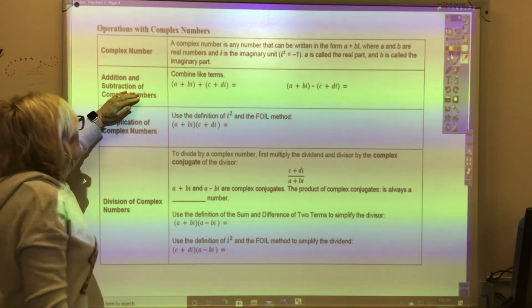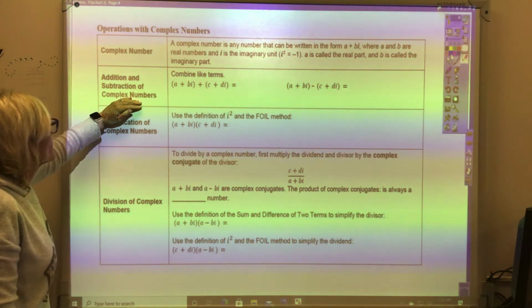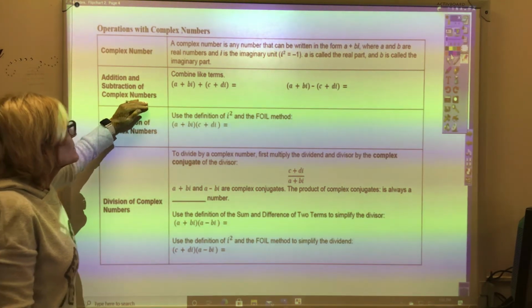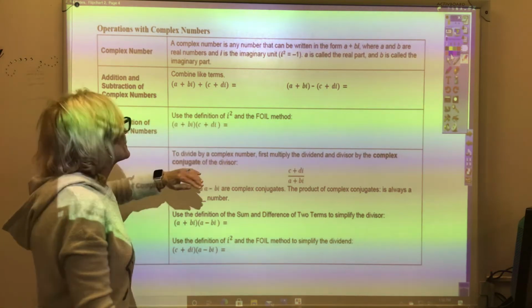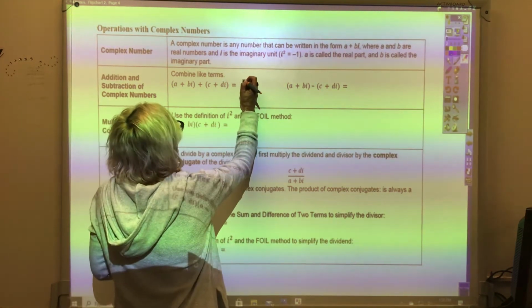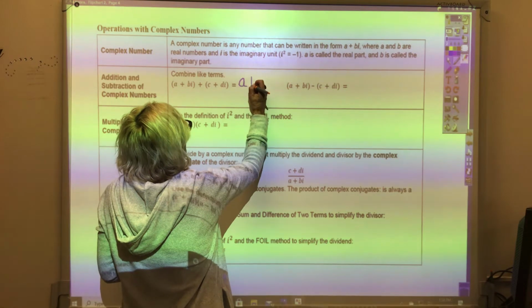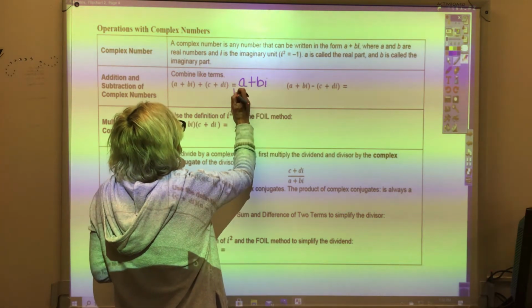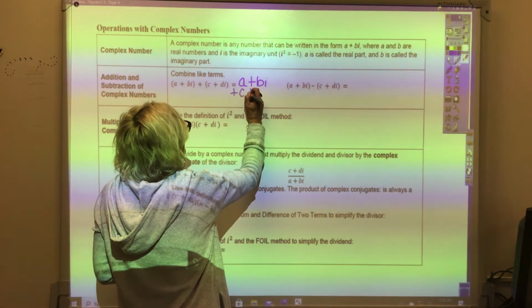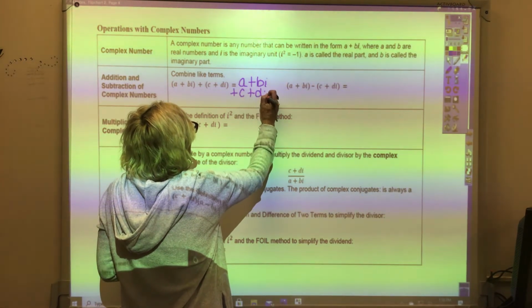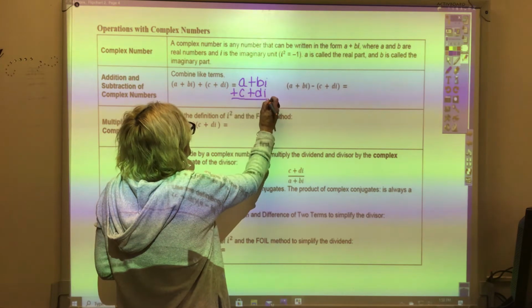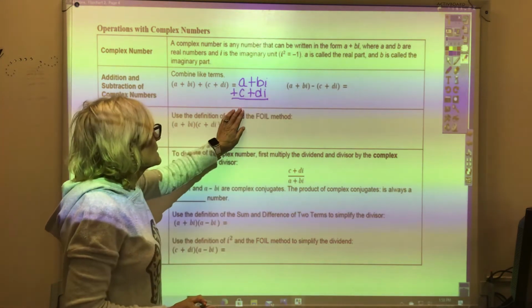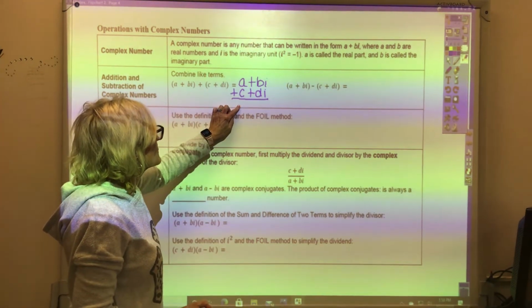So in order to add or subtract complex numbers, what I would recommend you doing is to line them up vertically. So you would set it up as a plus bi plus c plus di, and then you would simplify. Obviously we can't simplify here, but you would just simplify underneath.